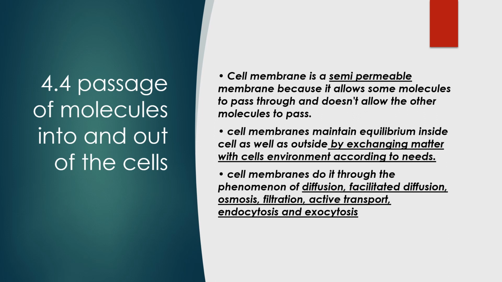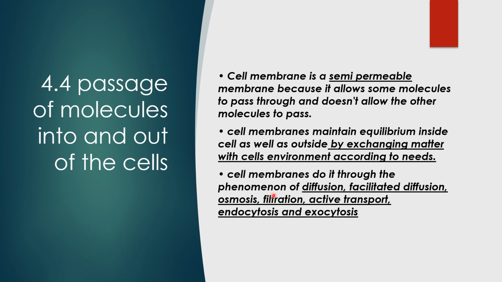Cell membrane is a semi-permeable membrane because it allows some molecules to pass through and does not allow the other molecules to pass through. Cell membranes maintain equilibrium inside the cell as well as outside the cell by exchanging matter with the cell's environment according to needs.